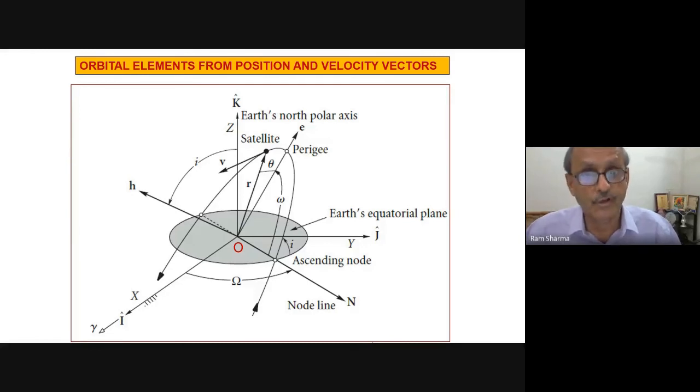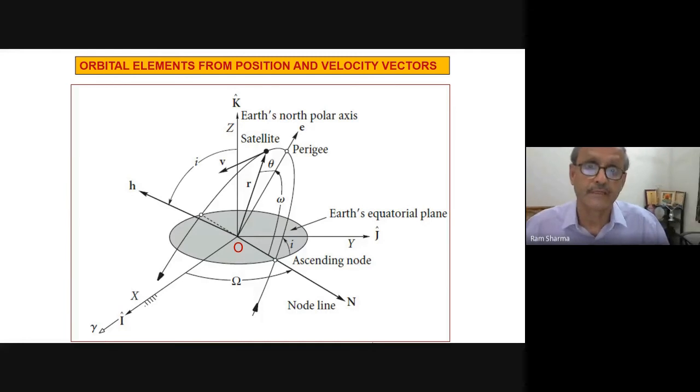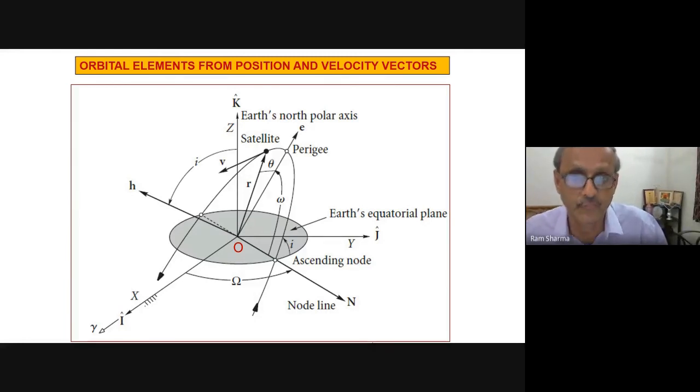If Ez is positive, your small omega can come in the first quadrant or second quadrant, because Ez is towards the k direction. But if the Ez component is negative, it goes towards the negative direction of the z axis. Then your small omega will be either in the third quadrant or fourth quadrant.